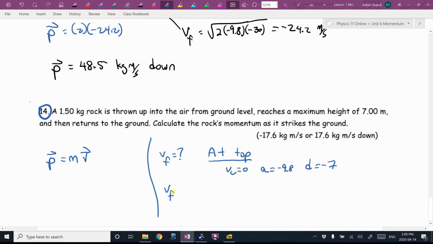That allowed me again to use VF squared equals VI squared plus 2AD. It allowed me to go VF equals the square root of 2AD. It allowed me to go VF equals the square root of 2 times negative 9.8 times negative 7.